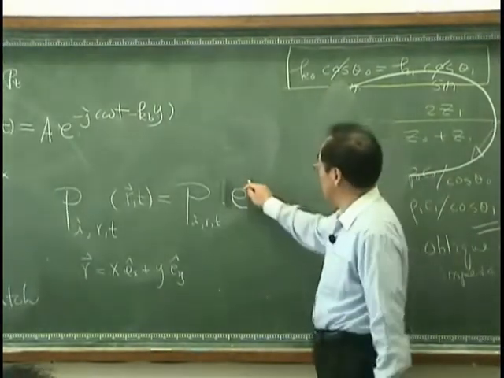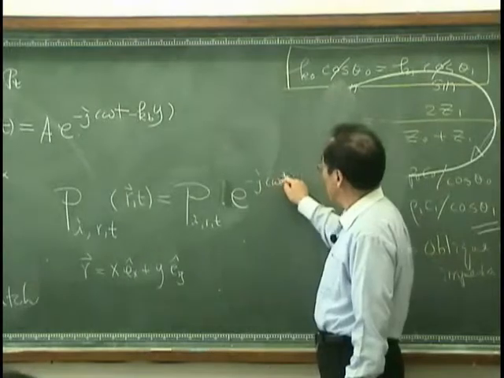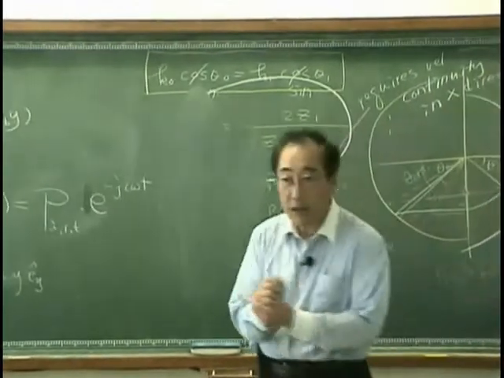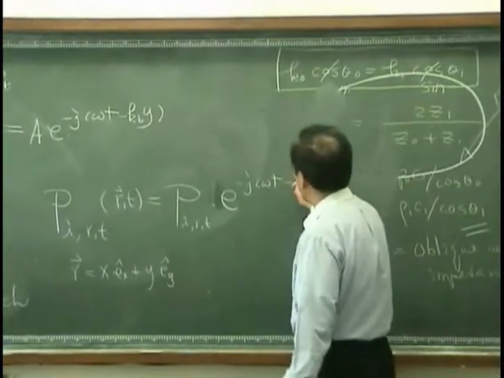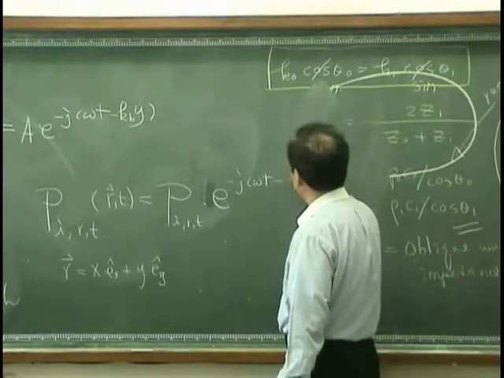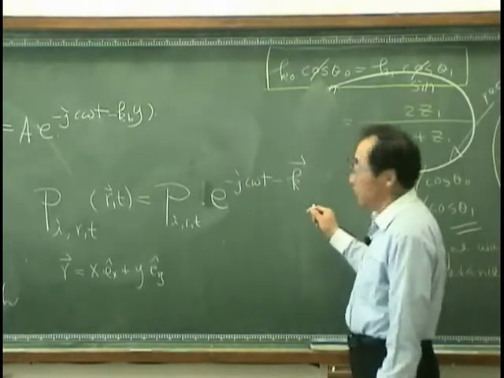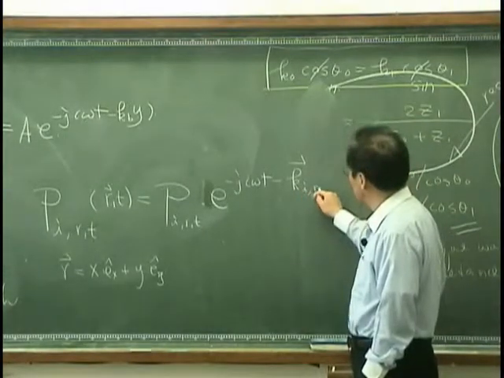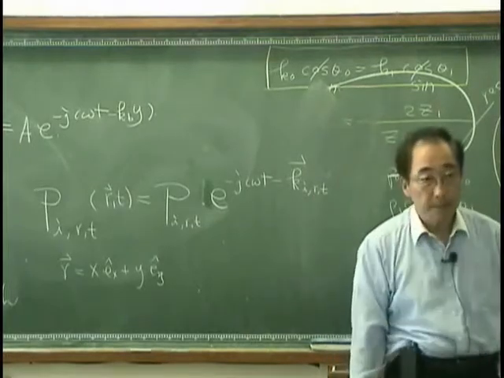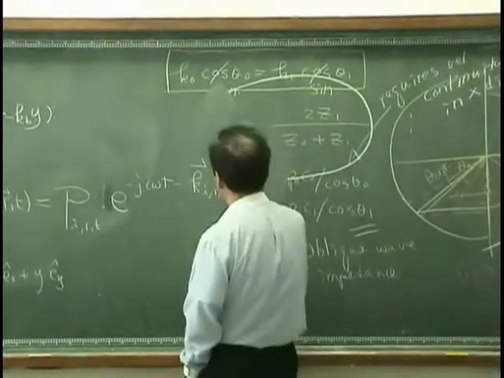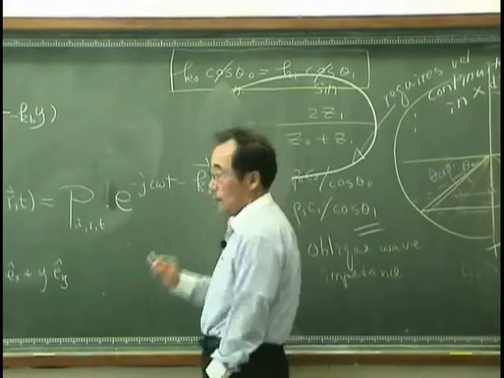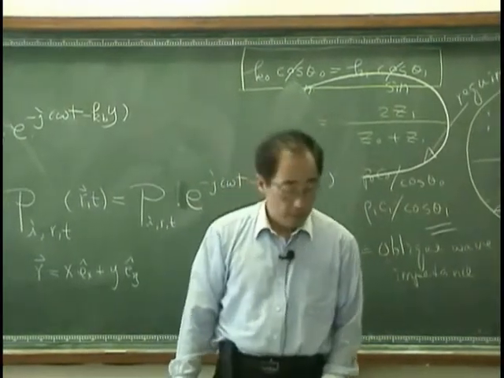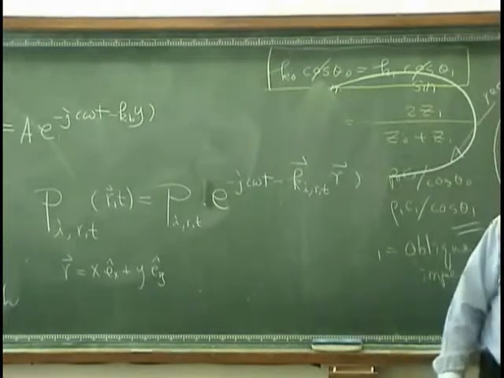So exponential, fluctuating in time with the frequency omega, okay, and it will propagate in positive direction. So I have wave number vectors for incident, reflected, and transmitted, and R vector. Right? That is perfectly okay.